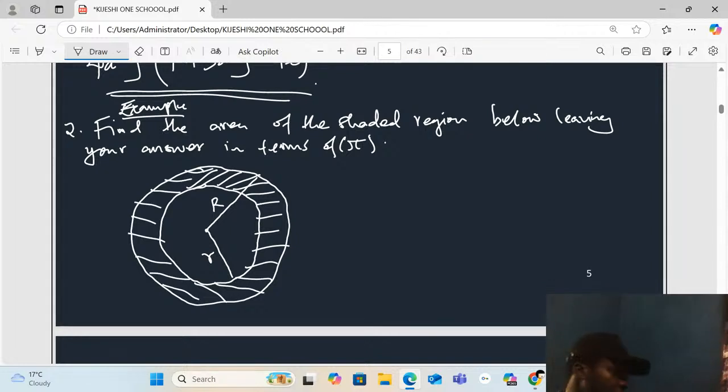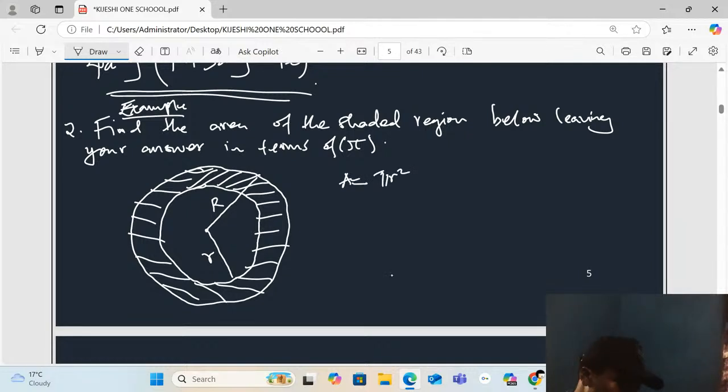That is the shaded. So now find the area of the shaded region below, leaving your answer in terms of pi. So you leave pi the way it is. So we all know the area of a circle. Area of a circle is pi r squared.